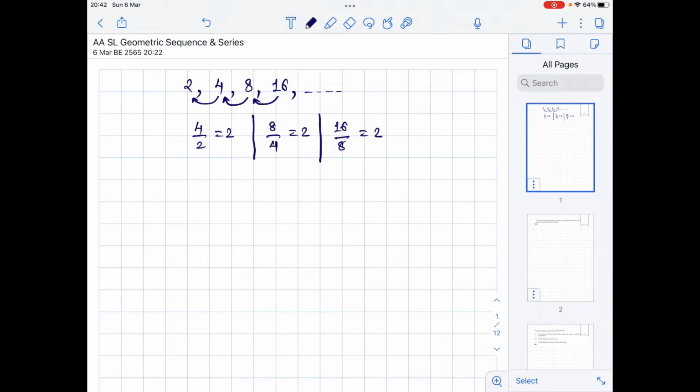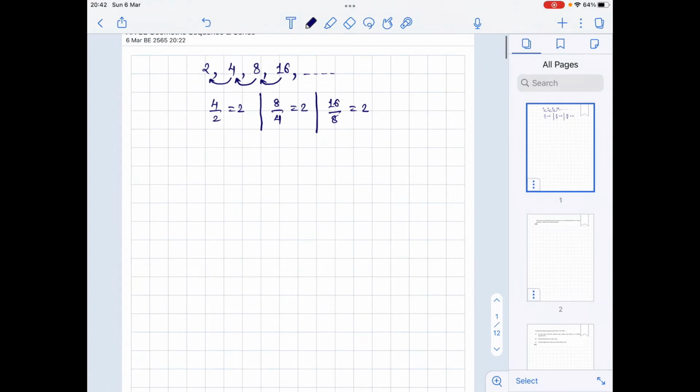So let's start with the geometric sequence concept and main terms. As we know, in arithmetic sequence, the first term is denoted by u1. So here also the first term is u1.